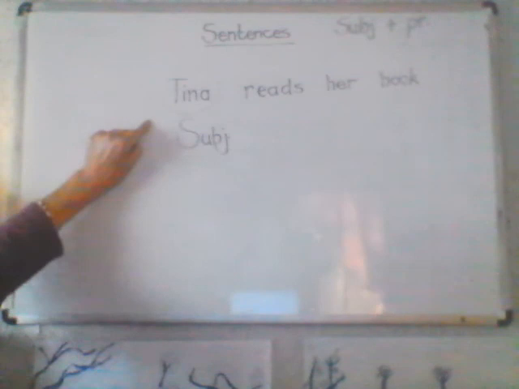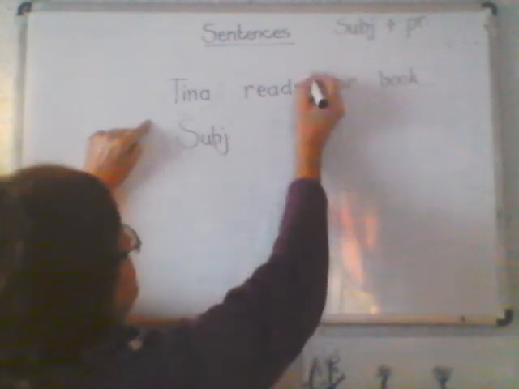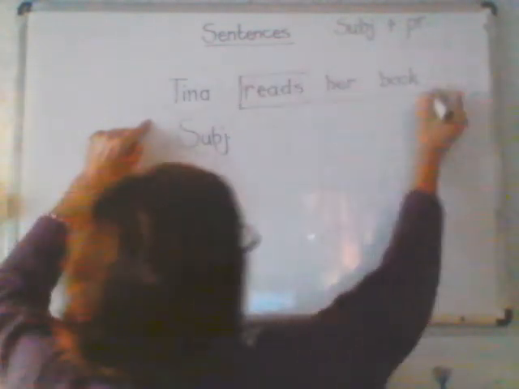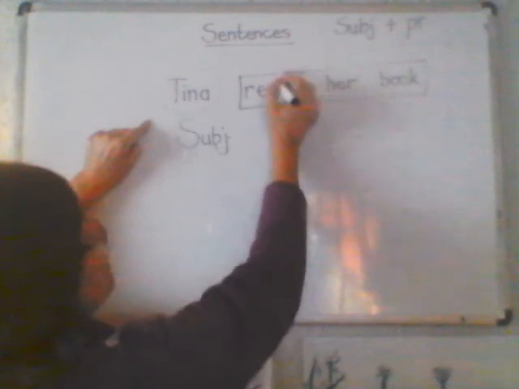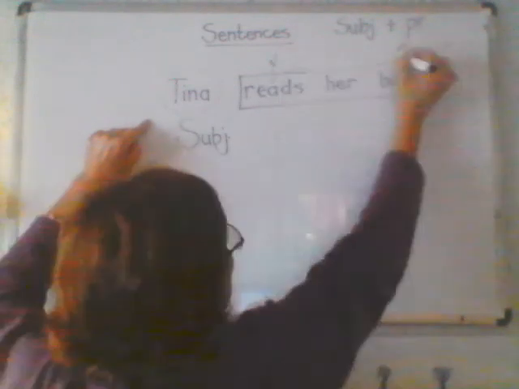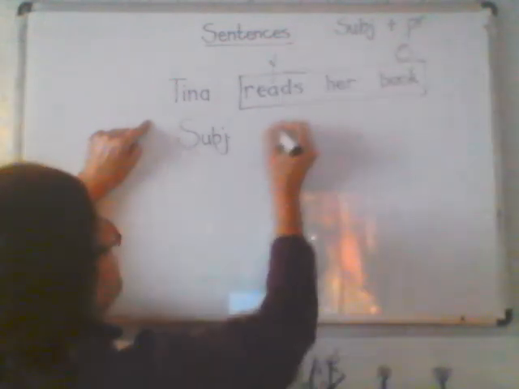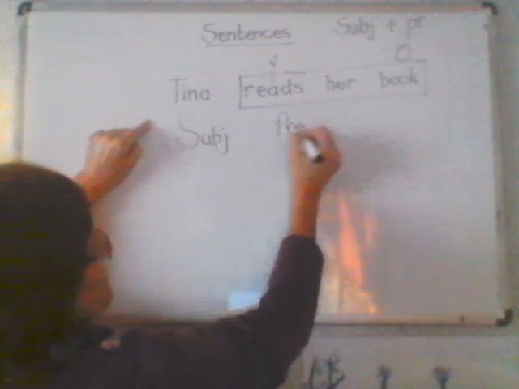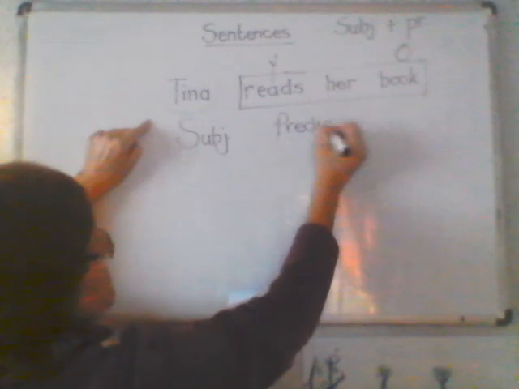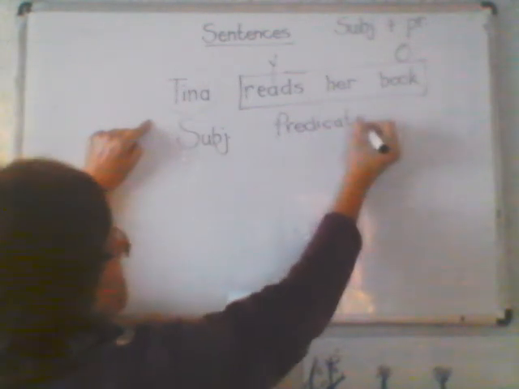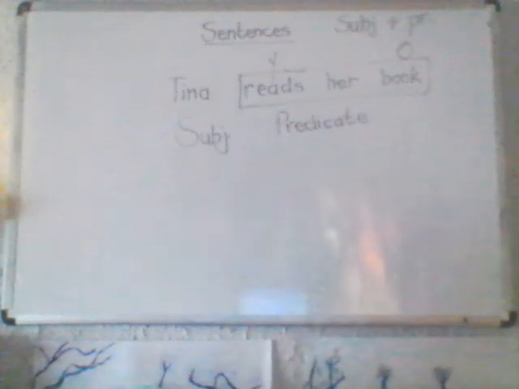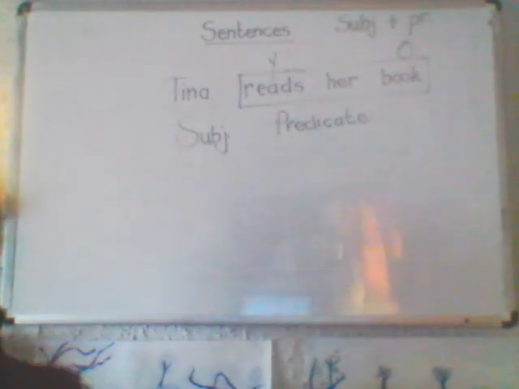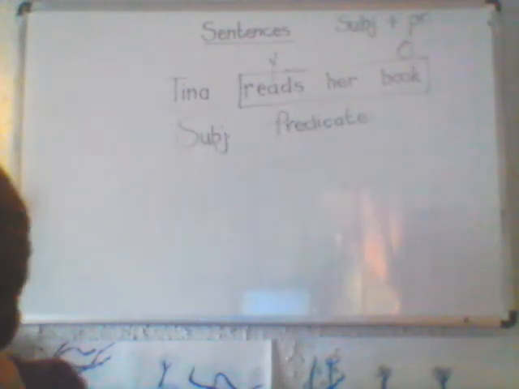And we said that the predicate is the rest of the sentence. So reads her book consists of the verb as well as the object. So this will be the predicate. And those are two examples of what a predicate and a subject is.